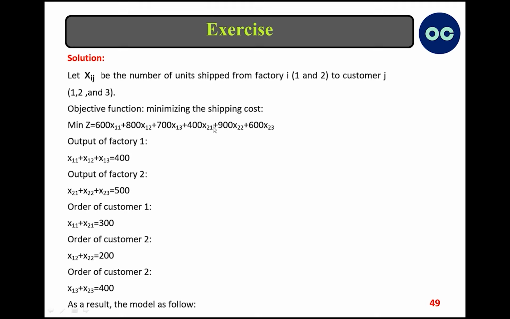And each customer has a certain order to fulfill. Customer 1 ordered 300 units, customer 2 ordered 200 units, and customer 3 ordered 400 units, and the output of factory 1 is equal to 400 and the output of factory 2 is equal to 500.